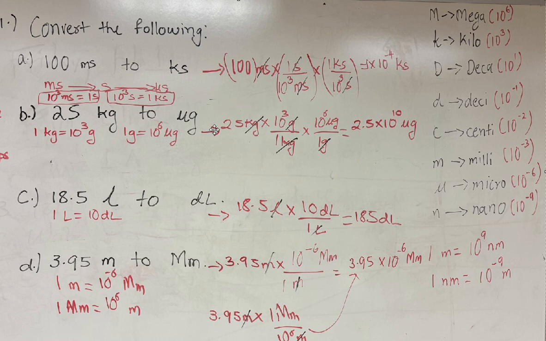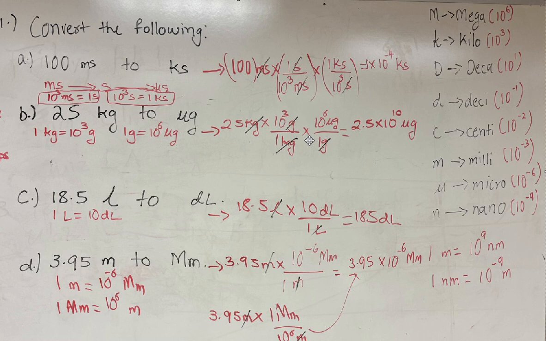The starting number will dictate the sig figs. Okay, my starting number here is 25 kilograms, so my answer has 2 sig figs. Here, these are relationships, and in metric to metric relationships, these are quantities which we say have unlimited sig figs, infinite sig figs. Okay, these are relationships that were agreed upon, they were not measurements. So we do not count any sig figs here.